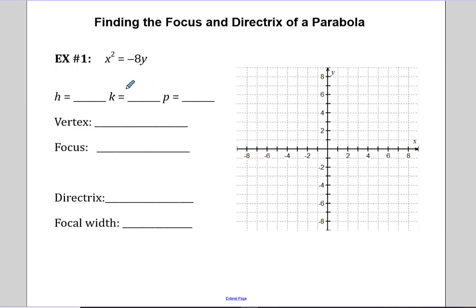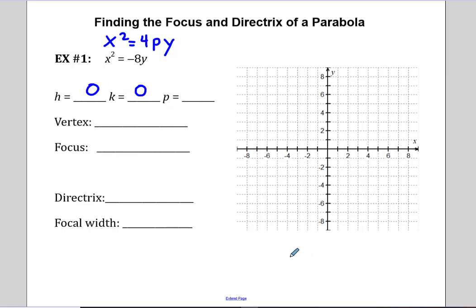In this way, we're going to look at the parabola x squared equals negative 8y. So we know that this follows the pattern of x squared equals 4py. So we know that the focus is on the y-axis, and the vertex is the origin.